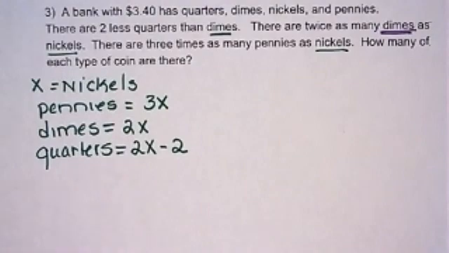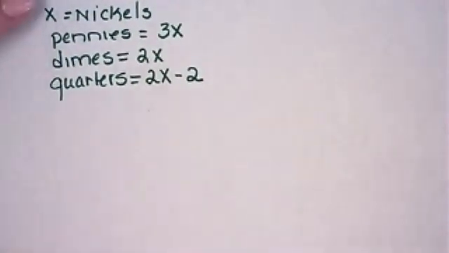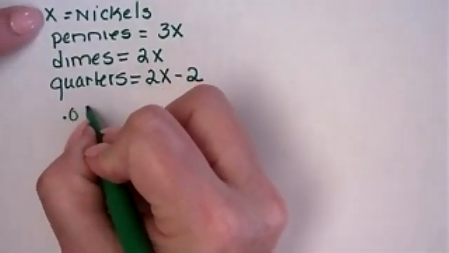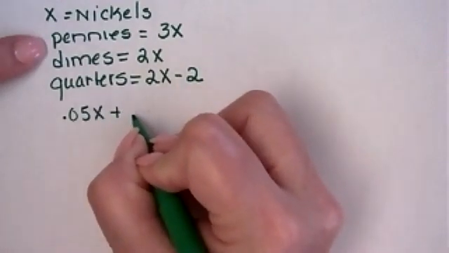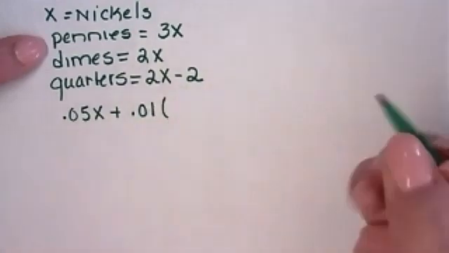Now, let's set this baby up. Let's start off right up here. We have X number of nickels, that's 0.05, right? X plus, now pennies are worth 0.01. Be careful of that decimal.